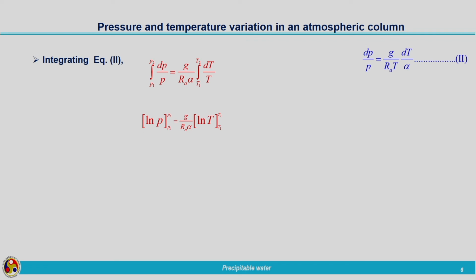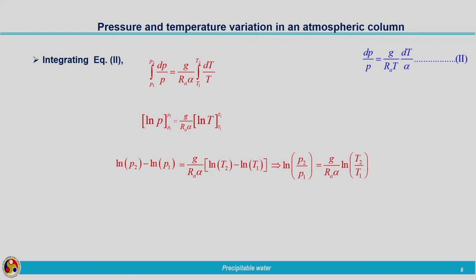So, we are going to substitute the limits, it will take the form ln P2 minus ln P1 is equal to G by R alpha times ln T2 minus ln T1. This equation we can modify again, like ln P2 by P1 is equal to G by R alpha ln T2 by T1.